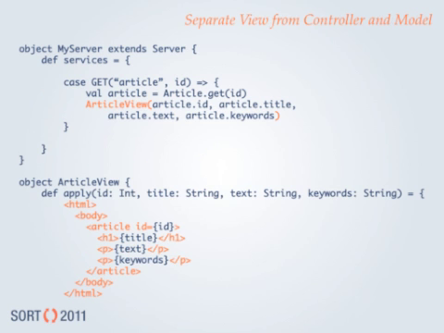But that article view could actually be more self-contained because it's still relying on that article object. So probably an even better way to go would be to pass the individual parameters to the article view. This has got a little bit more at the top now, where I have to pull out the values to pass as parameters to my method.